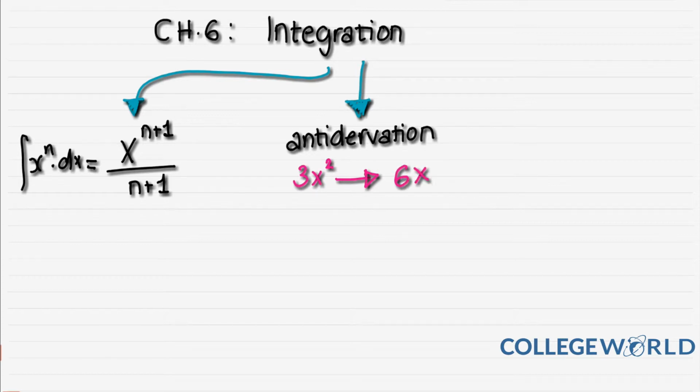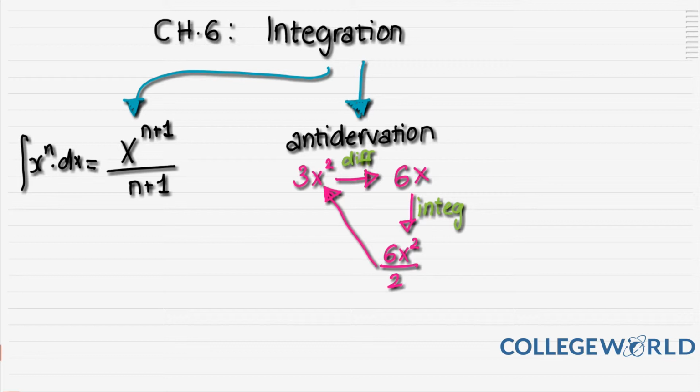Now, if we do what we did here, using the rule to this, we're going to add 1 to the power, so x squared, and we're going to divide by the new power, which is actually going to lead us back to the number we had. So this is differentiation and this is integration. This is why integration is the antiderivative of the differential here we got. If we integrate something, we go back.